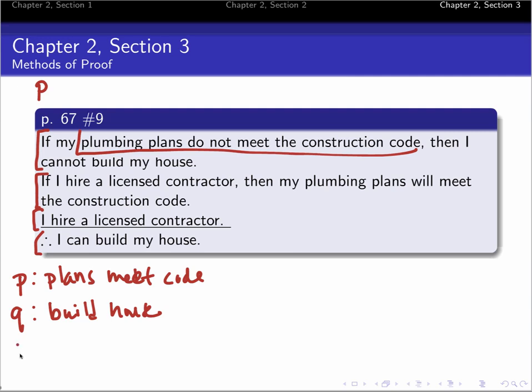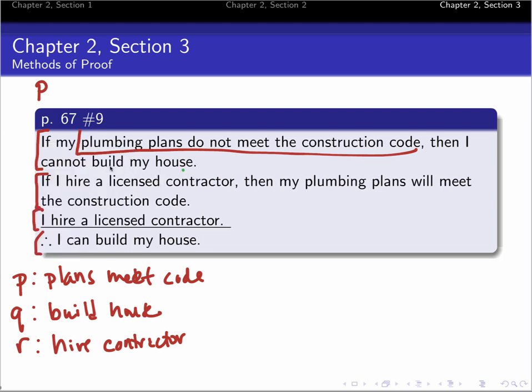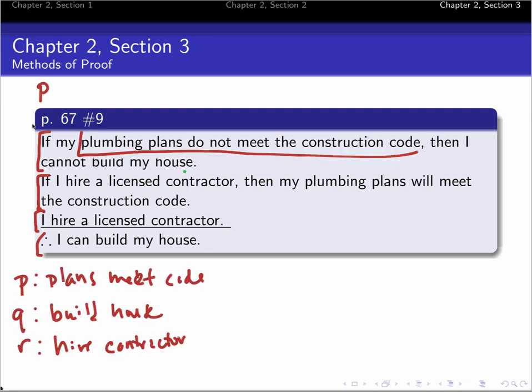And then R is hire, I'm going to say contractor. So now I want to write all of them in terms of symbols. So this first one, actually let me erase stuff first.